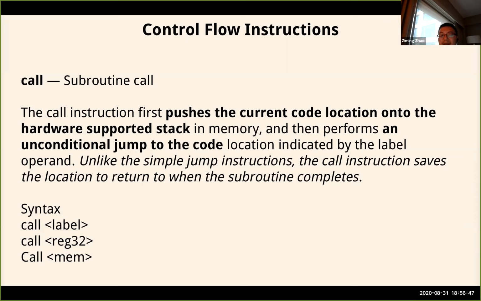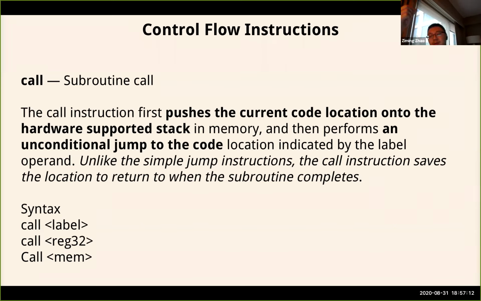So why do we push that onto the stack? Because after the function finishes, eventually we have to come back. You call a function, and after the function finishes, you execute whatever is after that function, right? Whatever is after the function, at the memory level, there's a location. That's the return location.